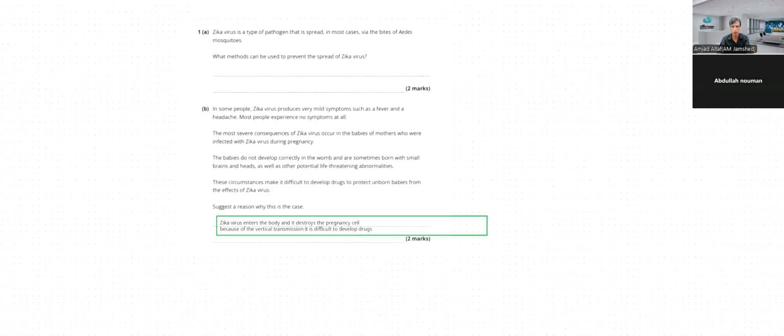So I think it's not possible to develop a drug in such circumstances, when an important role is played by the mother. If the pregnant mother is infected with Zika virus, the virus can cross the placenta and cause Zika syndrome in the baby.